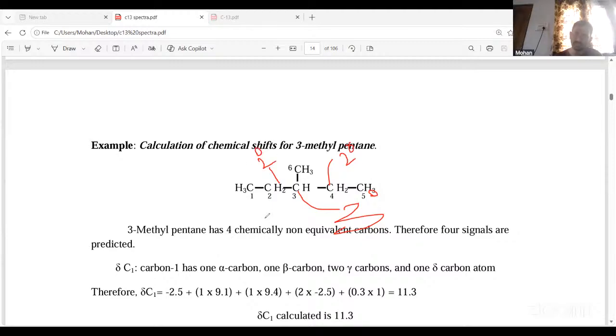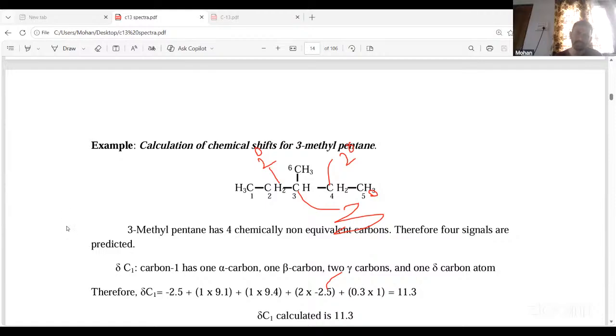Okay, so there are two secondary carbons attached to the one tertiary carbon, right? Then we are taking the 2 into minus 2.5. Minus 2.5 is the value of your secondary carbon which is attached to the tertiary carbon here, isn't it? And plus 0.3 into 1.